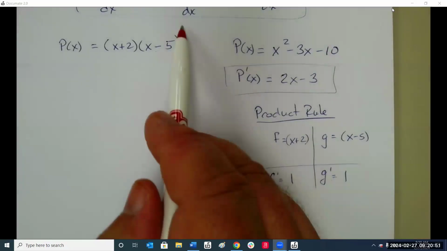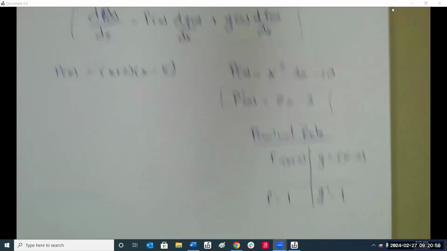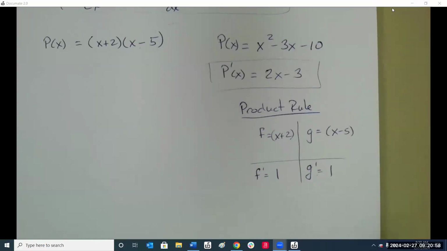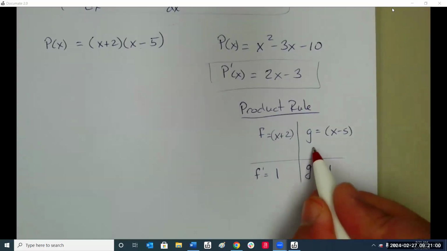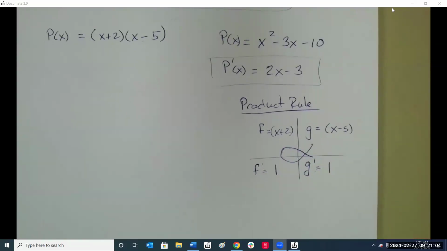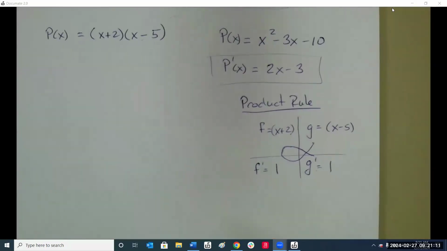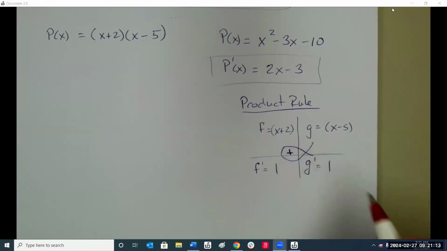Now, instead of memorizing this thing, because it'll get more confusing when we do the quotient rule, all you have to do is memorize one thing. Start from g and do the fishy thing. It's always going to be the same. Product means you're multiplying, making things bigger, so you're going to add these two.